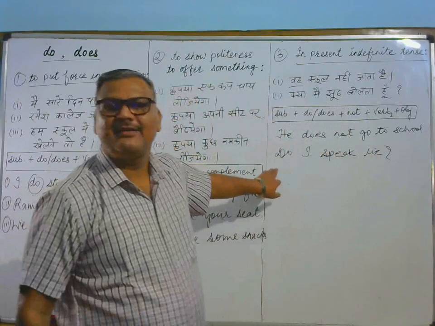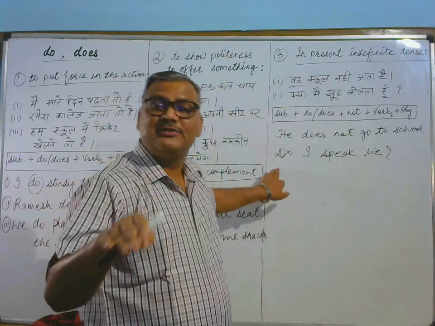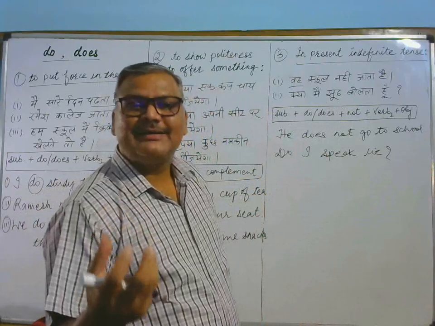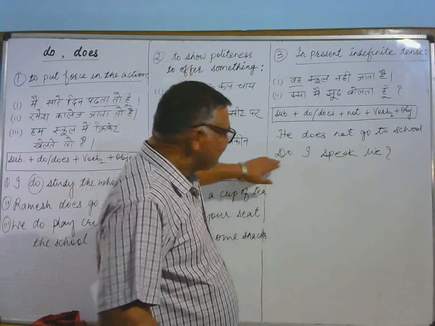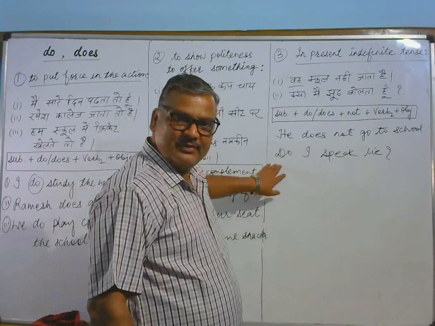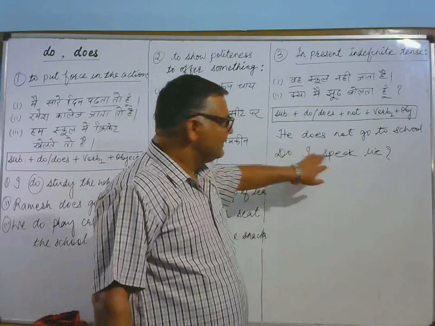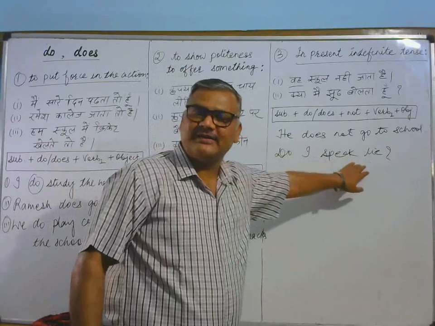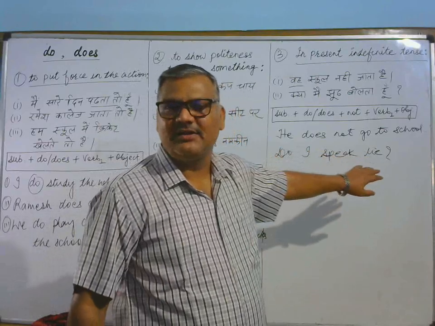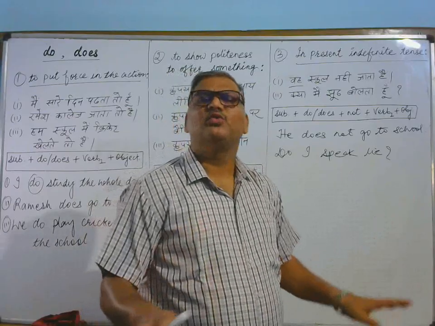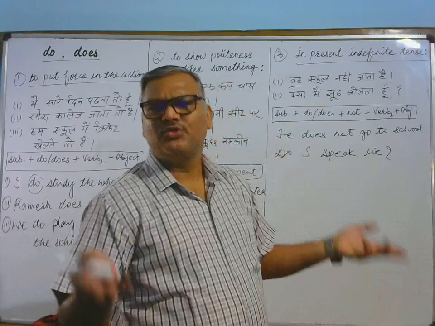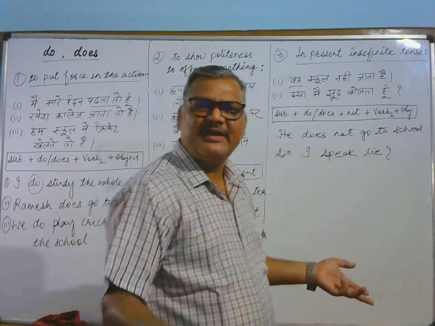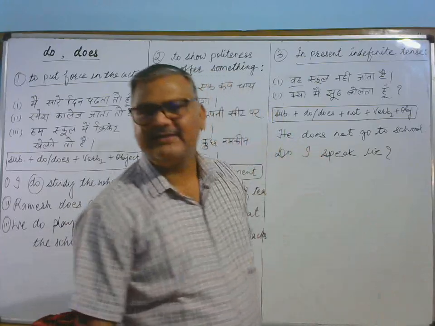You already know that in translating an interrogative sentence, we use the helping verb first, and then the subject, then the verb, then the object. This is the sentence structure. So there is no need to explain these rules more, because you already know. This will be just a waste of time. So I have translated it here.